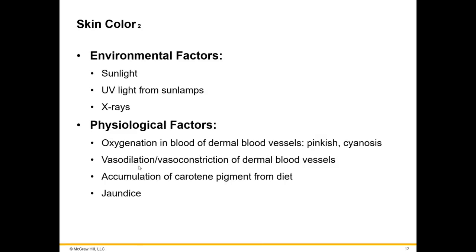When you get really hot, your blood vessels come closer to the skin surface. That's vasodilation. It's trying to give off heat. Otherwise, you will look lighter when there's vasoconstriction because the vessels are further away. So when you're cold, you'll see vasoconstriction.